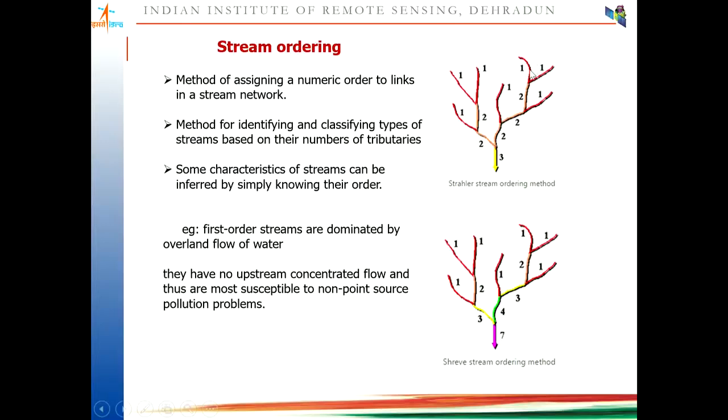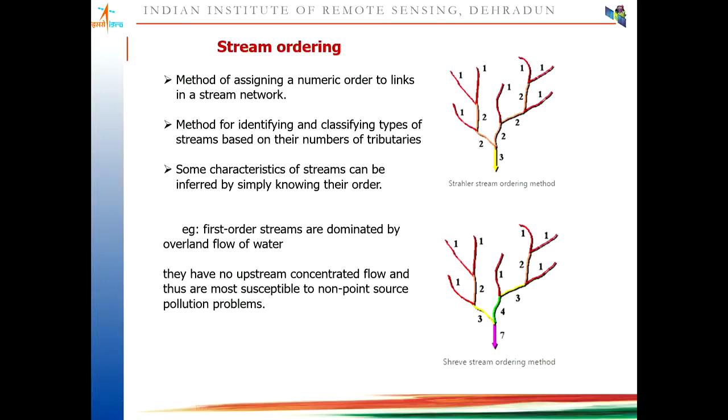In Strahler, first order and first order give second order, so 1 and 1 give 2. But in the Shreve ordering system, first and first give 2, and 2 plus 2 gives 4, while first order and second order give 3, but in Strahler it gives 2. So these two different types of ordering systems are used.